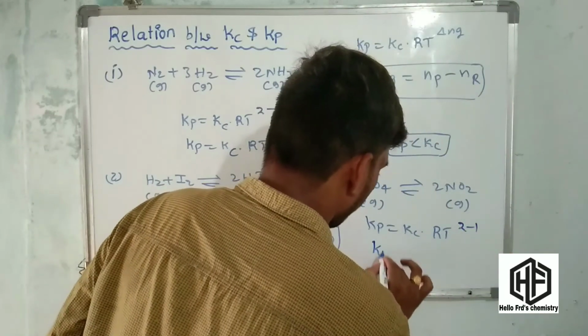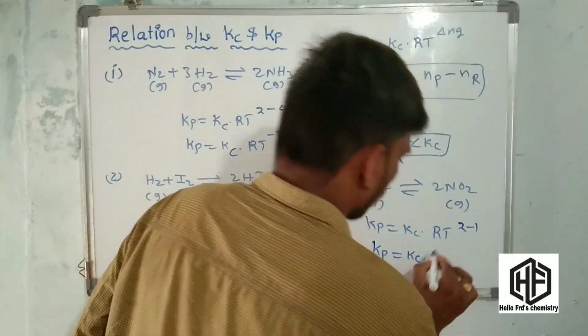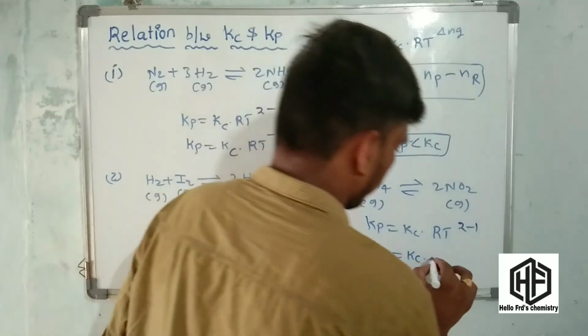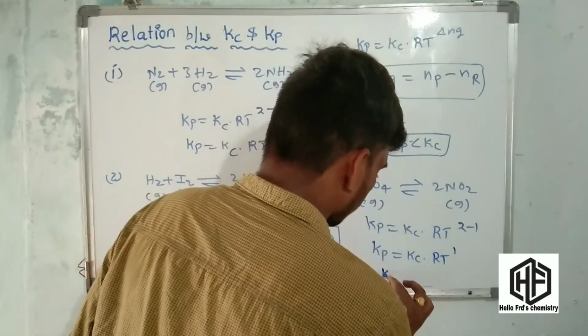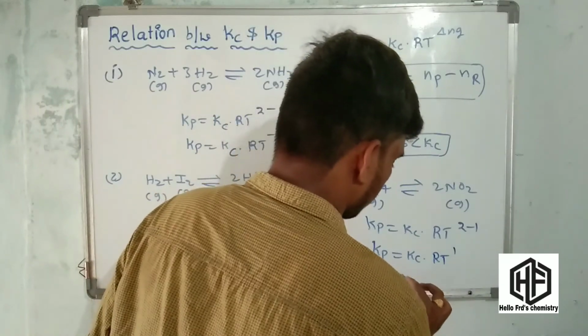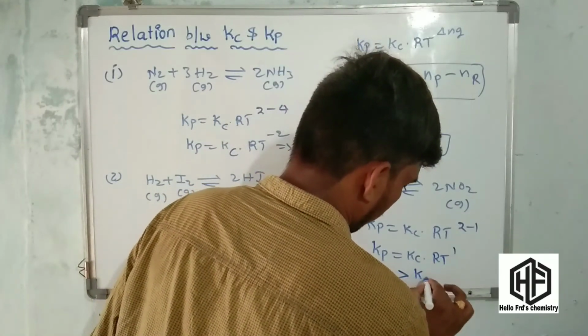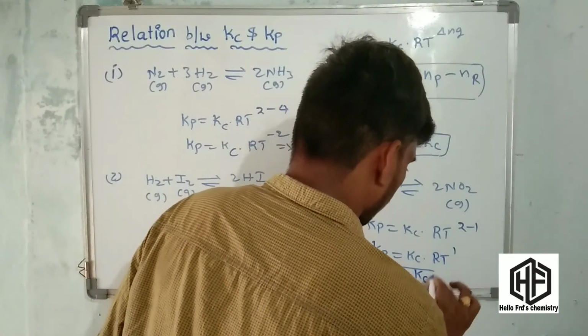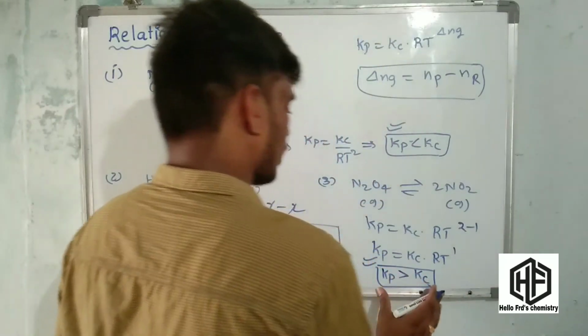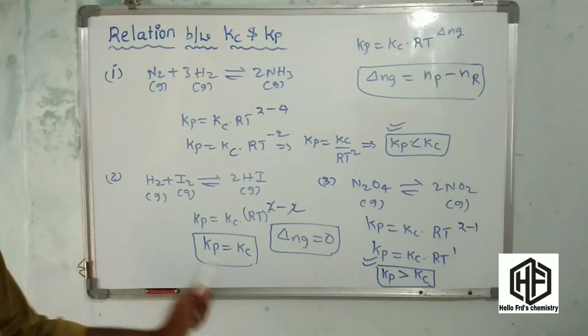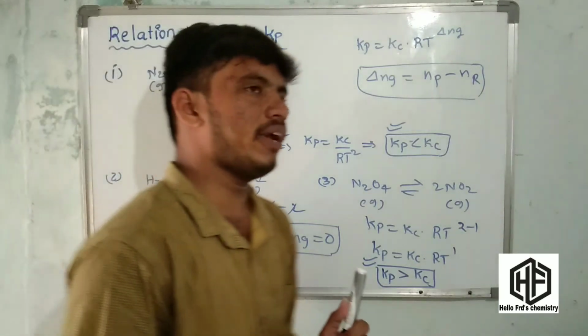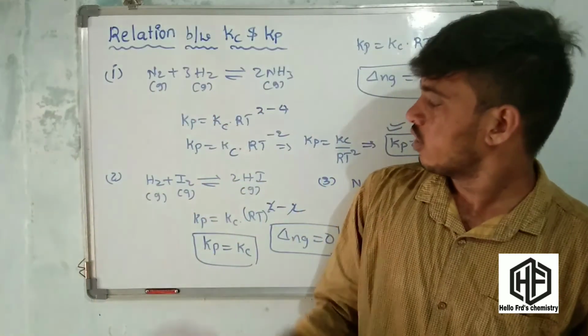Kp equals Kc into RT power of 1. Now in this expression, Kp is greater than Kc. This is the concept of the relation between Kp and Kc. These are the examples.